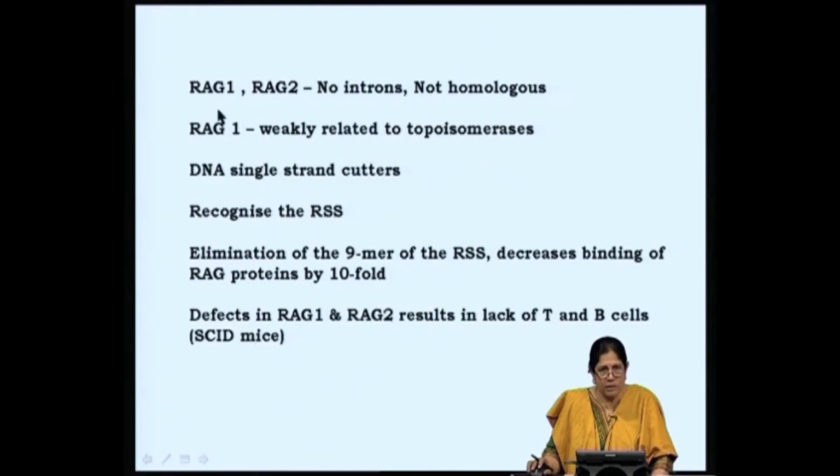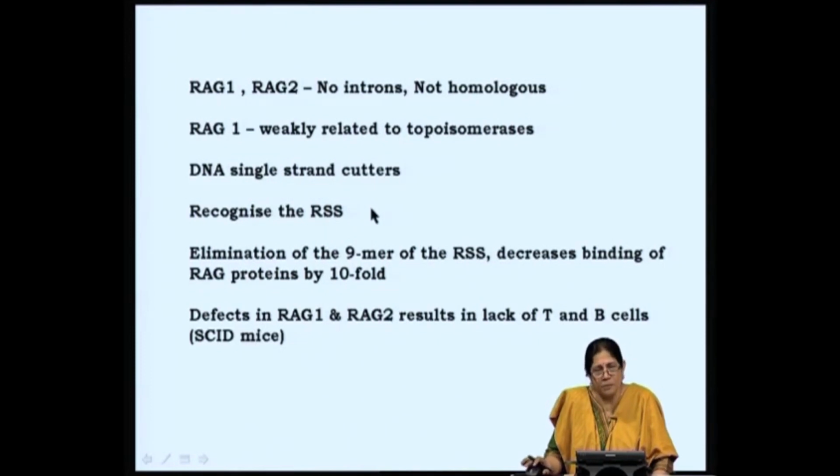The enzymes themselves cut only single strands. Of course, they can cut only if they recognize and place themselves on that particular segment, and this is through the ability to recognize the recognition signal sequences.